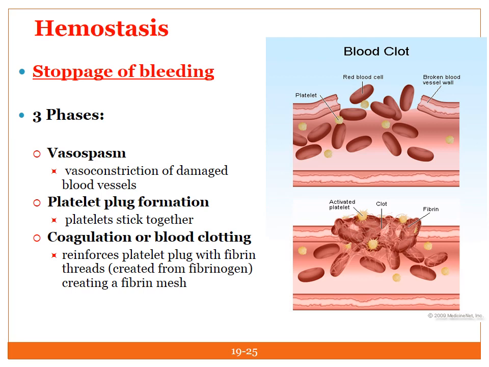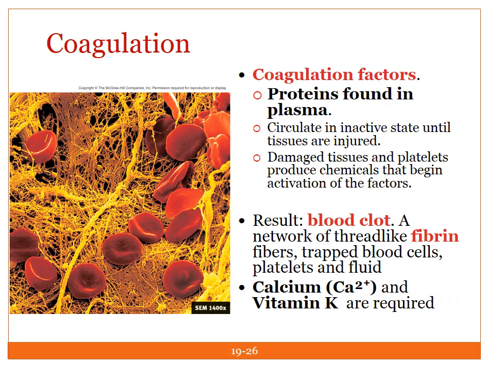And then once these different clotting factors are initiated, they will eventually create a blood clot, or a coagulation of the blood, that will reinforce that platelet plug. Using the proteins within plasma, the fibrinogen proteins will create these fibrin threads that will create a reinforced mesh to really stop that flow or loss of blood.